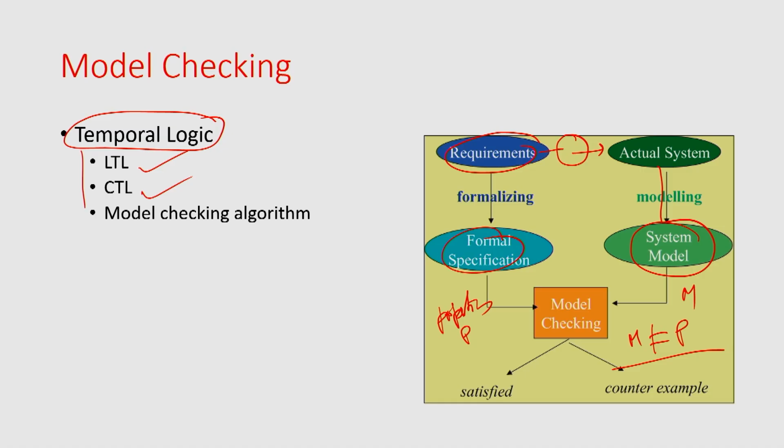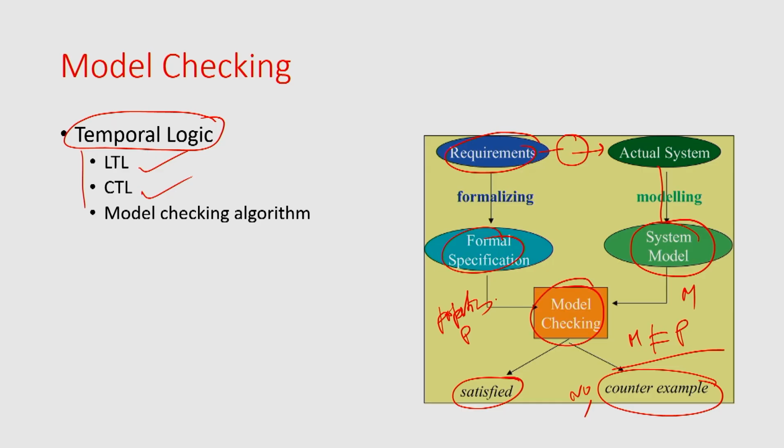It basically means that if the model satisfies the properties, your implementation is correct, right? So it will say it is satisfied, or it will say no, and it will give an example input scenario under which the property is not satisfied, right? So this is what the model checker does.